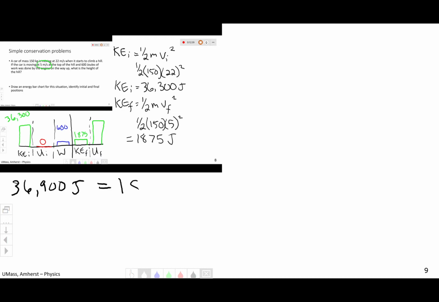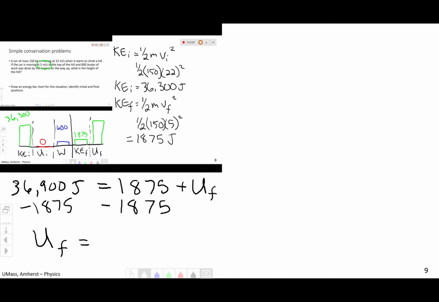That has to equal 1,875 joules plus the potential energy final. So we subtract out 1,875, and we end up with a potential energy final of 35,025. Awesome.